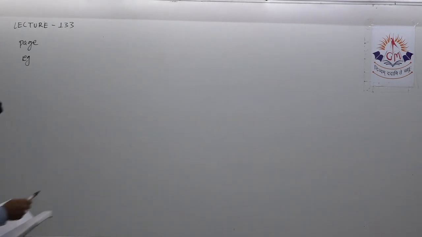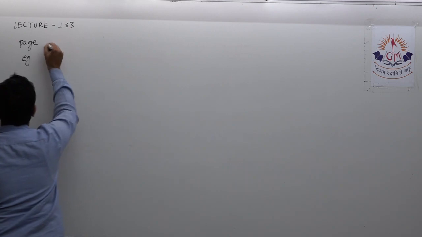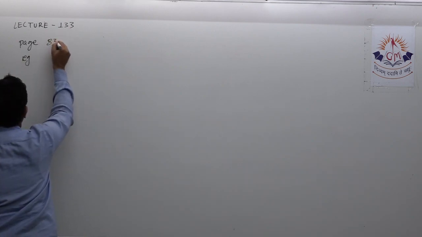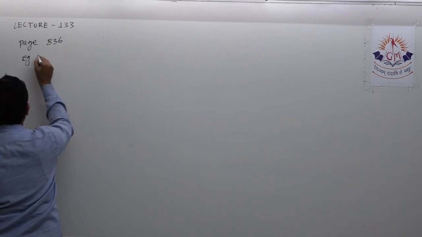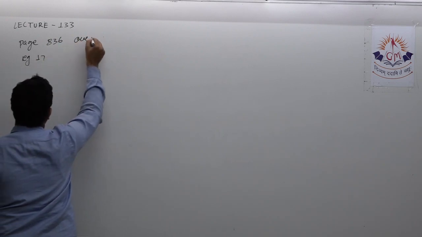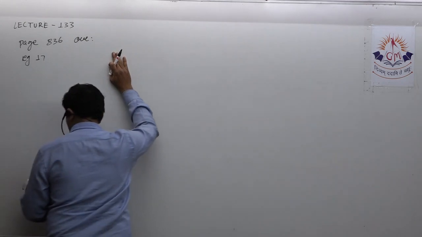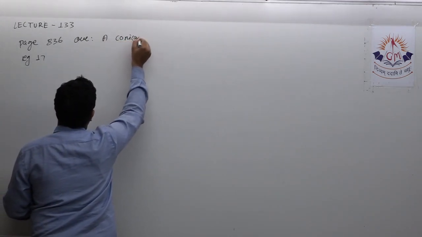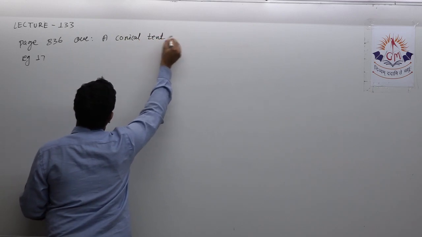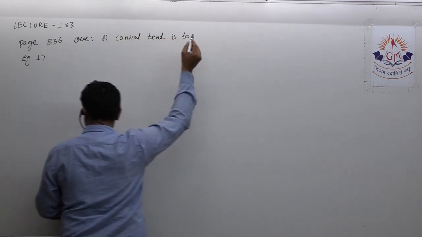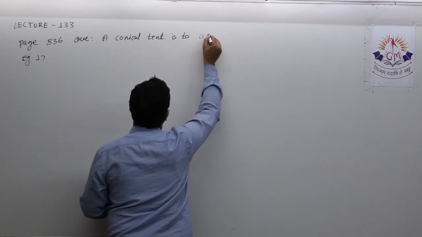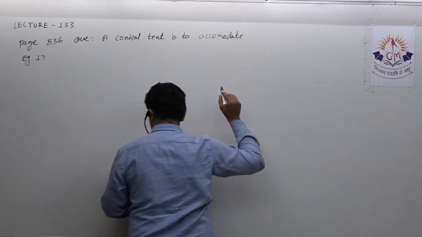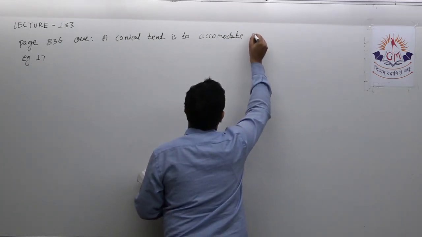Okay, now the next question is from page number 836, example number 17. The question is: a conical tent is to accommodate 15 persons.